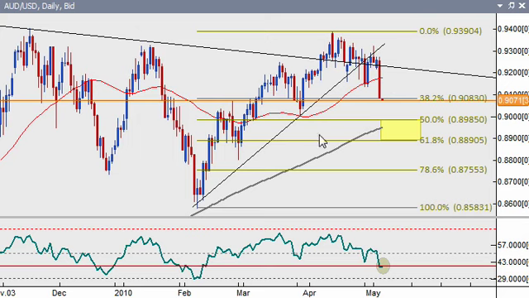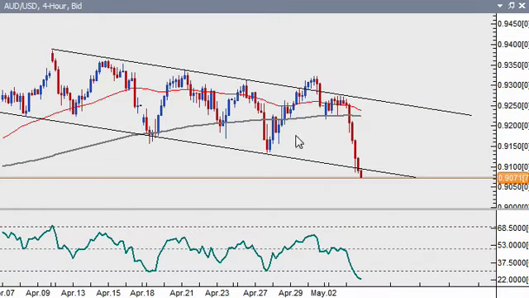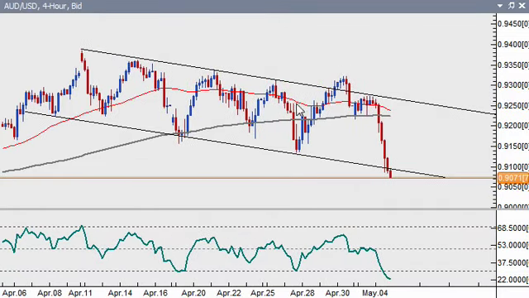We are at 38.2% of this rally, and the next support appears to be the 0.90 area, this 200 moving average area. So look for the market to continue to slide. In the 4-hour time frame, we had a wave count here, possibly a breakout here. So we anticipated this breakout, but the market didn't sustain a rally.